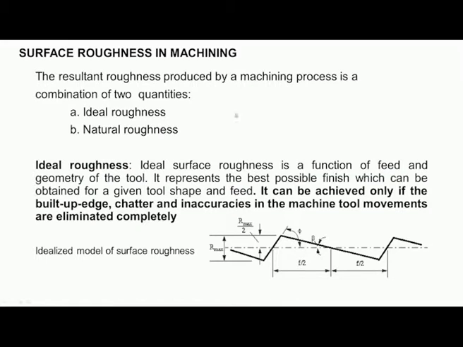Now, surface roughness in a machining operation: when we machine the workpiece surface, we get two kinds of surfaces. One is the ideal surface, and another one is the natural surface. Ideal roughness is a function of feed and geometry of the tool. We have discussed this feed and geometry of the tool.